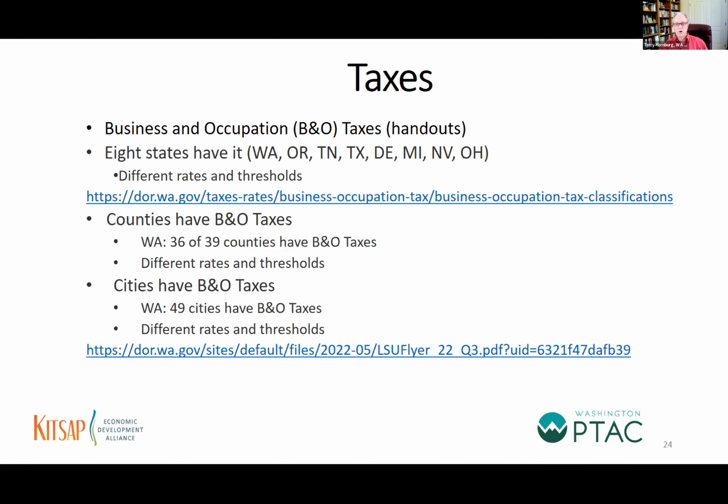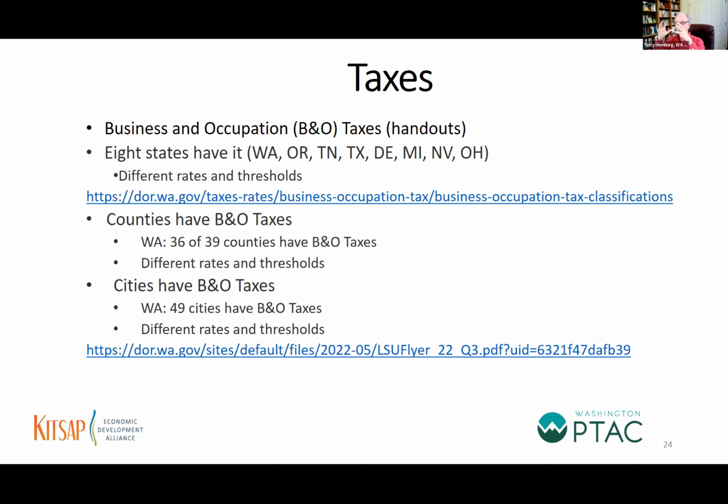So the main takeaway though, for example, if you're in the state of Washington and you are going to compete for the award of a contract in Maine, you can see that it is not one of the states that has a B&O tax.